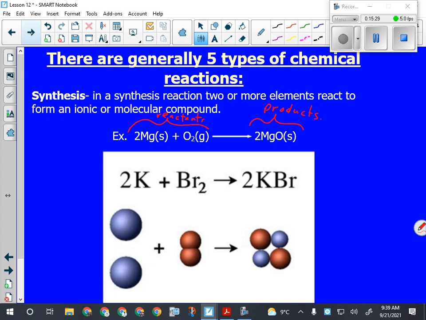On your periodic table, you can pull it out, these are color-coded. Nitrogen, oxygen, fluorine, chlorine, bromine, iodine, and astatine are our diatomic elements. Hydrogen also is one of our diatomic molecular elements.